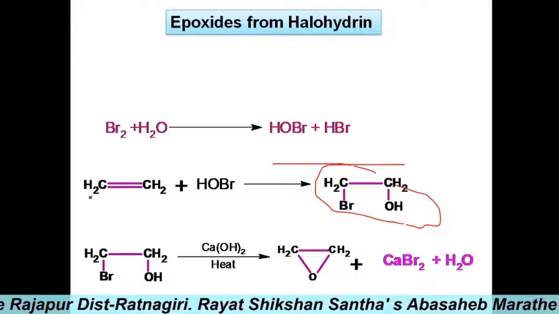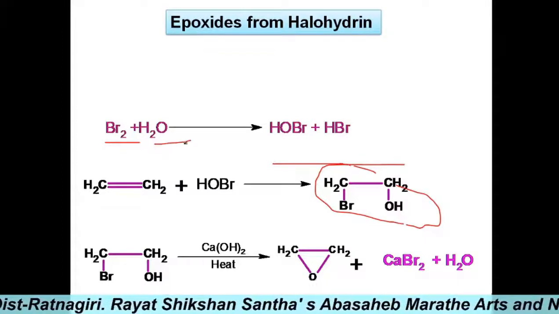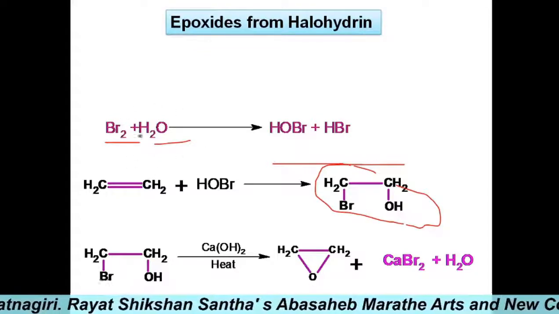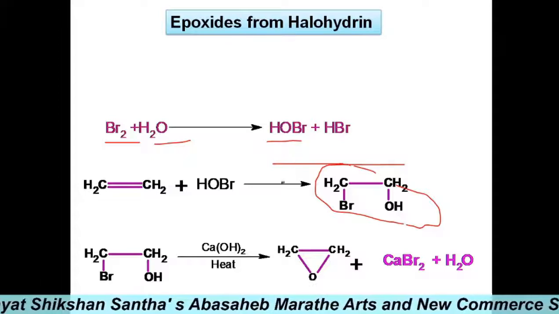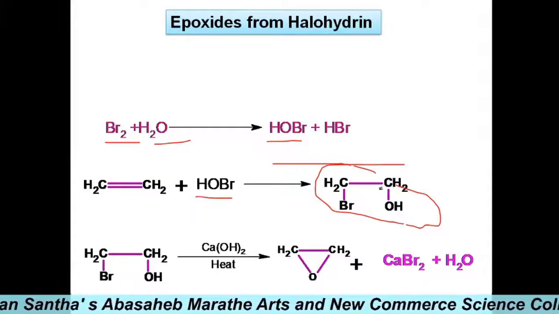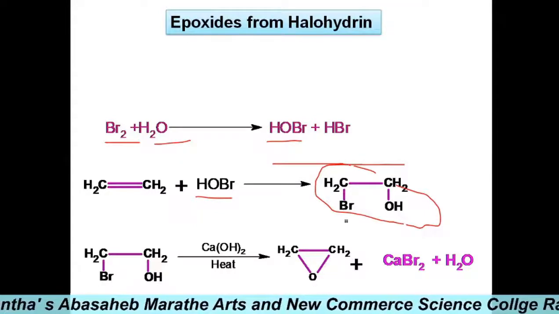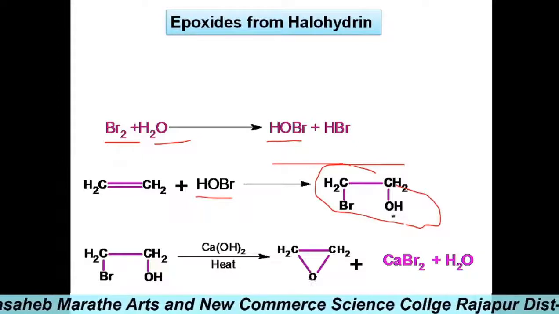For example, bromine and water are mixed with each other to get hypobromous acid. Then the alkene is treated with hypobromous acid to give a halohydrin, a bromohydrin.